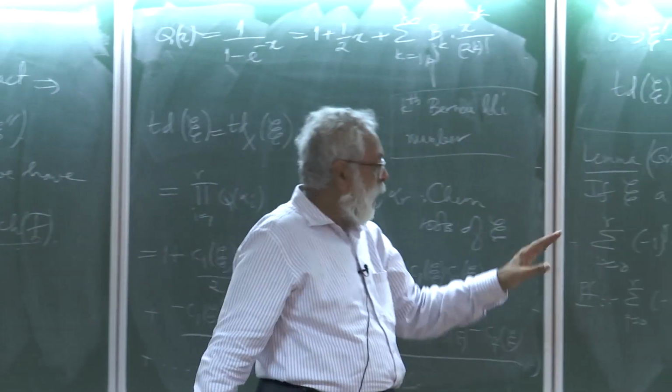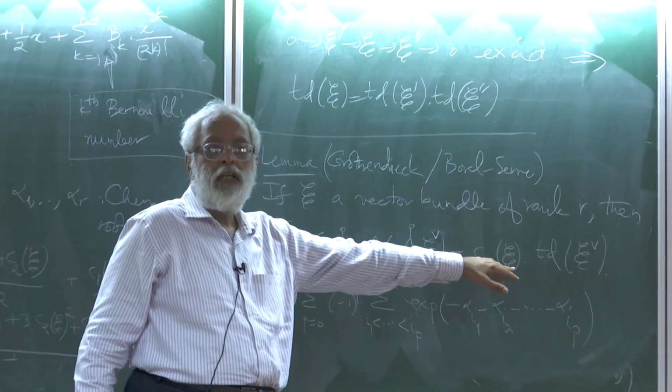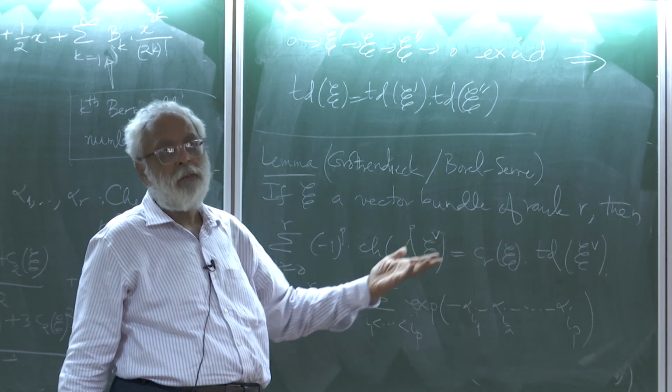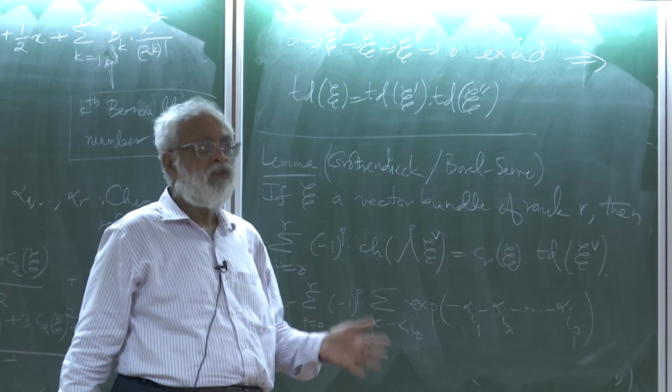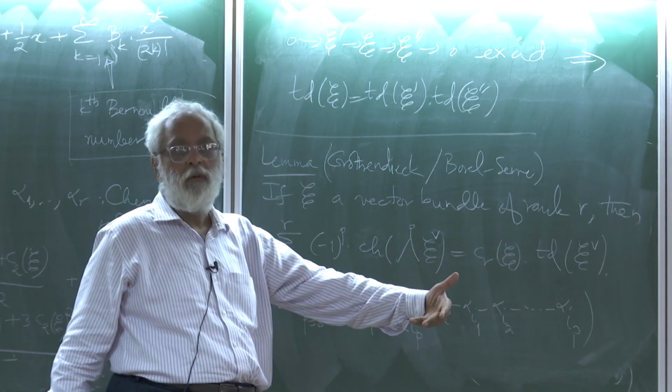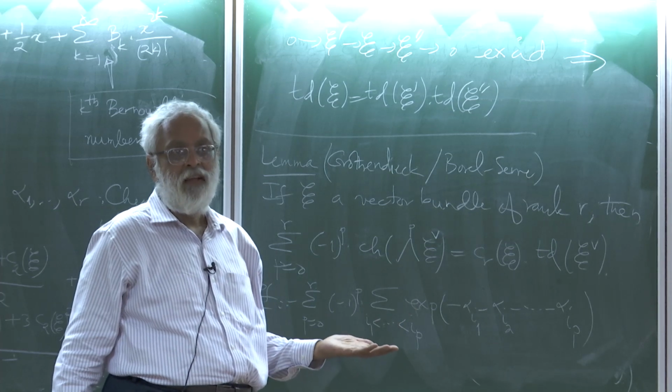So later, maybe I should make this comment. Later when we understand certain other things about E, suppose E is a vector bundle of rank R and it happened to have a section, and the zero scheme of the section happened to be a nice codimension R subvariety inside some nice smooth ambient space.